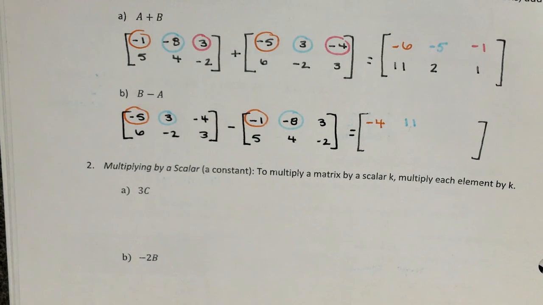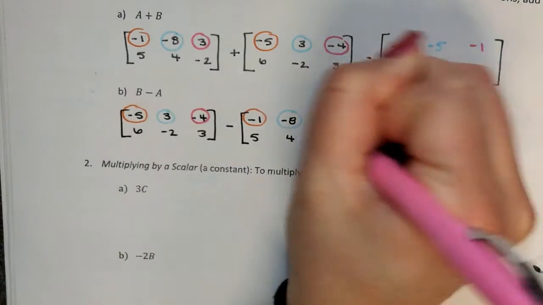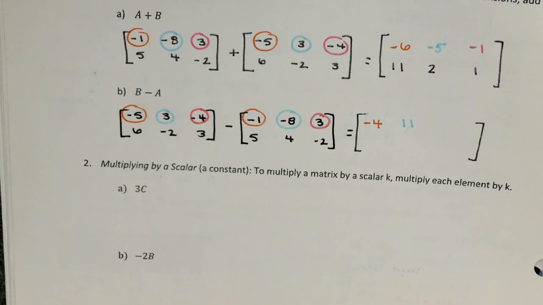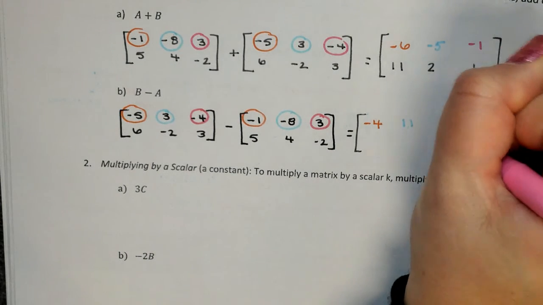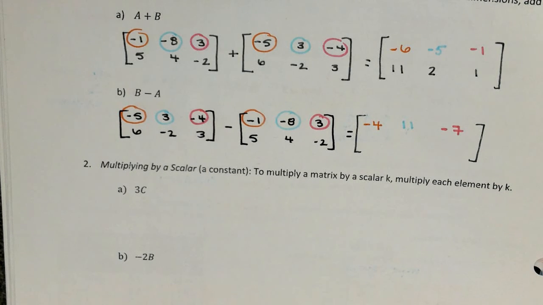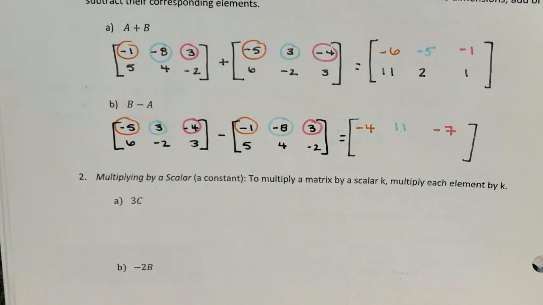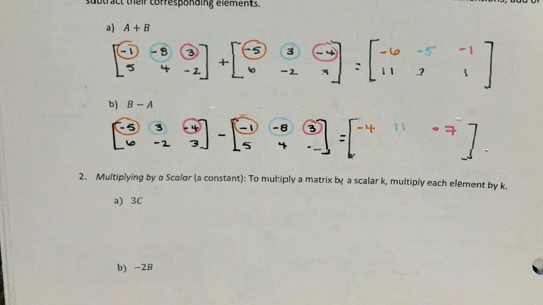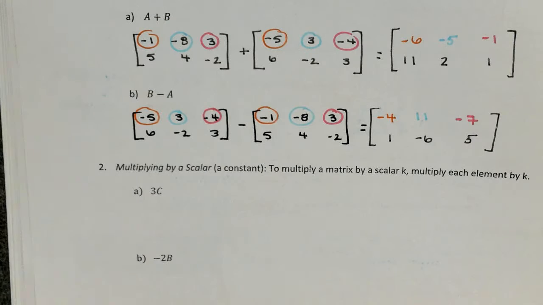Negative 4 minus 3, negative 7. Okay. Try the last 3 elements on your own. All right, let's take a look. How did you do?